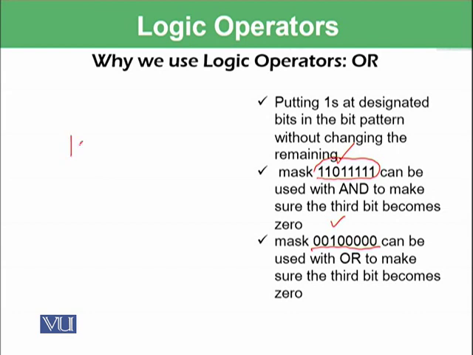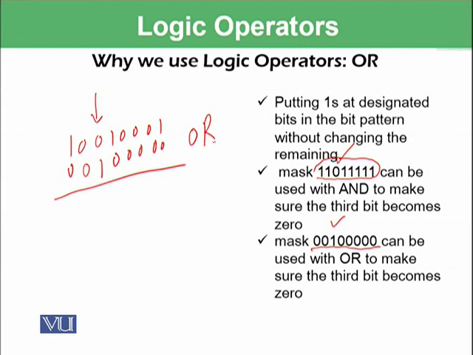For example, you have a bit pattern 1 0 0 1 0 0 0, numbered 3 4 5 6 7 8. We want to make this bit 1, so you can put 1 there and zeros elsewhere, and perform the OR operation. It will become 1 and the others will remain unchanged, whatever they were in the input.